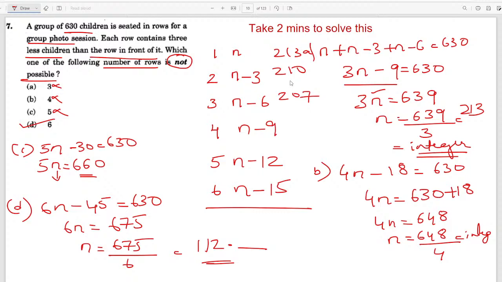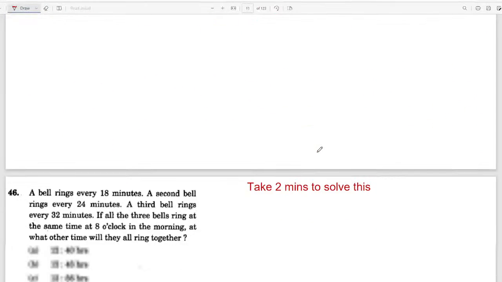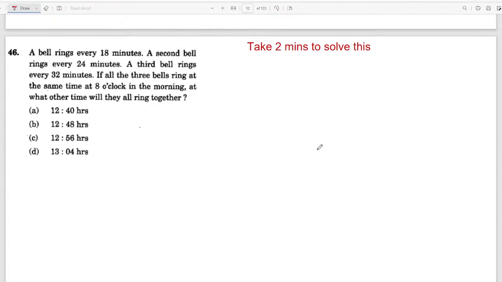Is this clear? Okay. Sure. Okay, then we'll move to the next question. It'll take 2 minutes to solve this question.